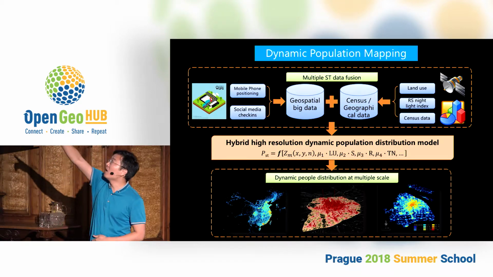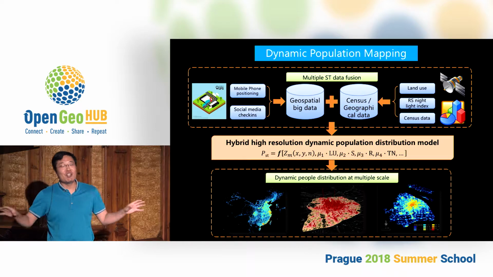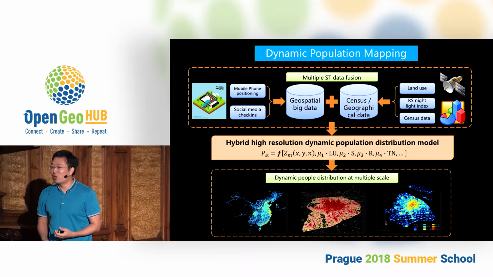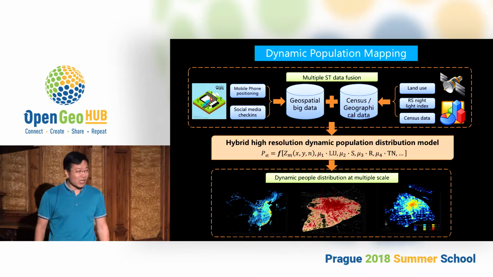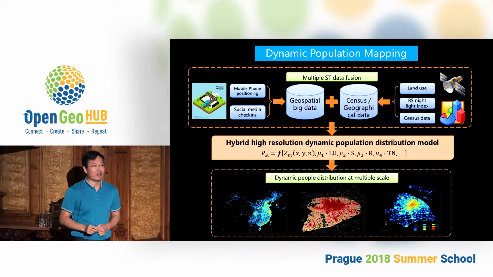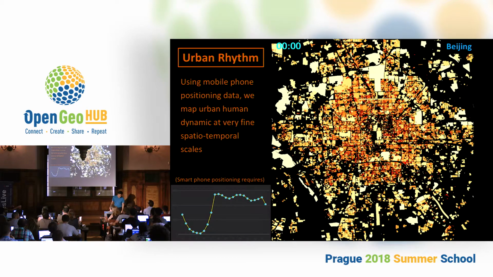This model F could be a traditional one like geostatistics, or a machine learning method like random forest. The target is to estimate the dynamic population because the sensor data is only static, at multiple scales: the whole nation, a city, and the details within a city.